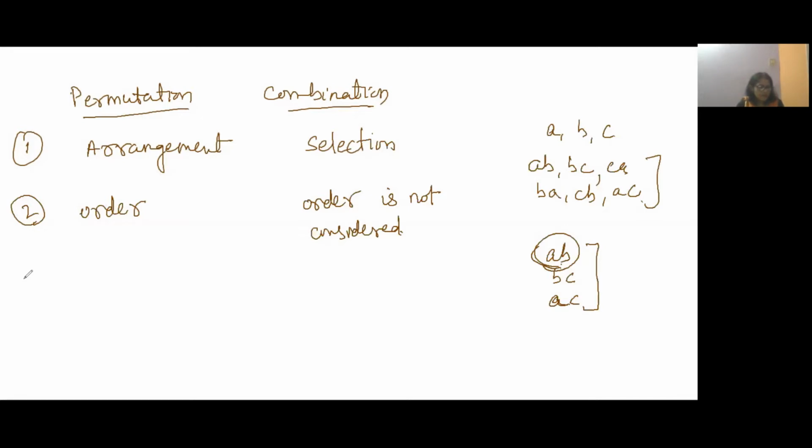Whenever you take three objects like ABC, BCA, CAB, six arrangements can be there. But whenever you take a combination of ABC, all three at a time, there is only one selection, only one group.